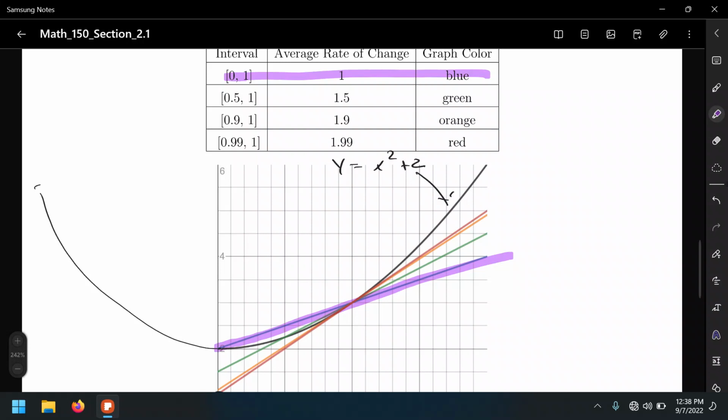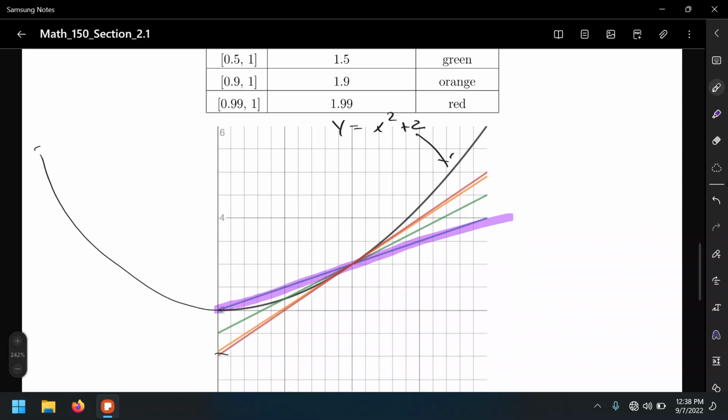Well, the orange line will be the slope between 0.9, which is kind of hard to see, and last but not least 0.99, and that's how we get from average rate of change, or average slope, to instantaneous rate of change, instantaneous slope. All right, and if we look at these average rates of change, we're going from 1, 1.5, 1.9, 1.999.